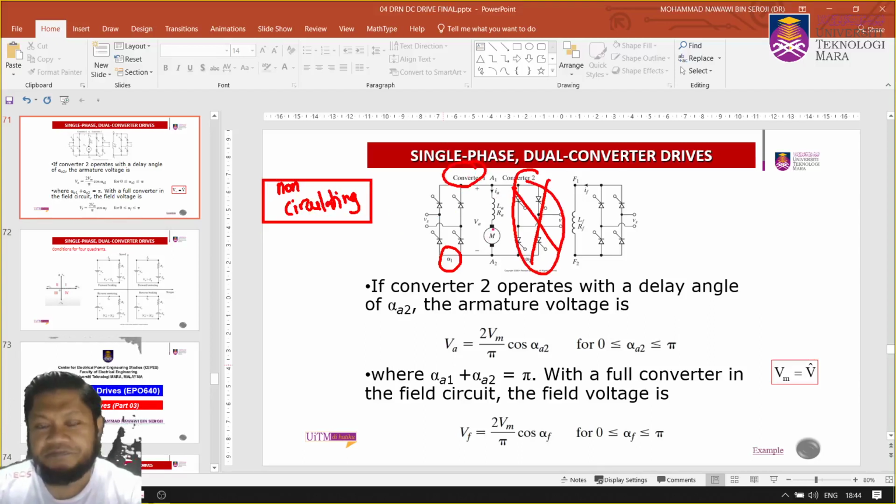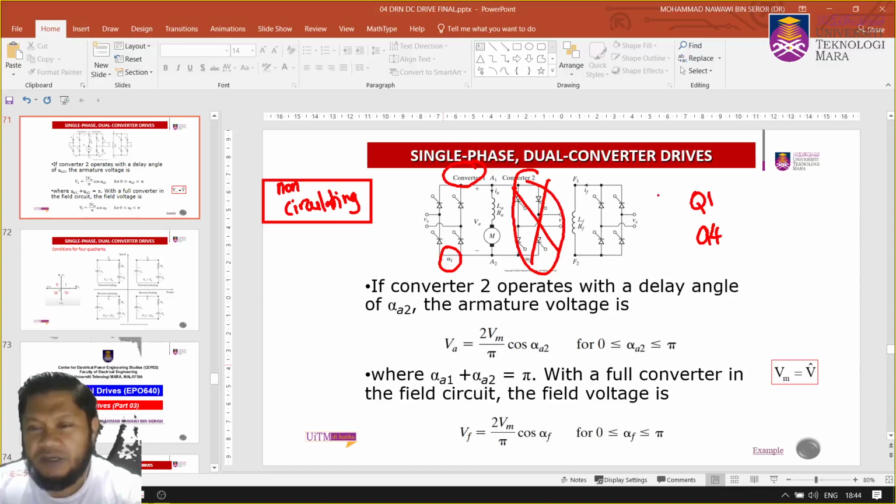Okay, so for quadrant 1 and quadrant 4, you're going to see that only alpha 1 is being supplied to thyristor 1, thyristor 2, thyristor 3, and thyristor 4. However, converter 2 will receive no pulse at all. Okay, so it is completely shut off. So only converter 1 works.